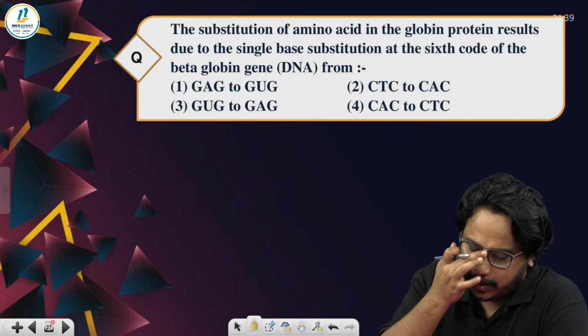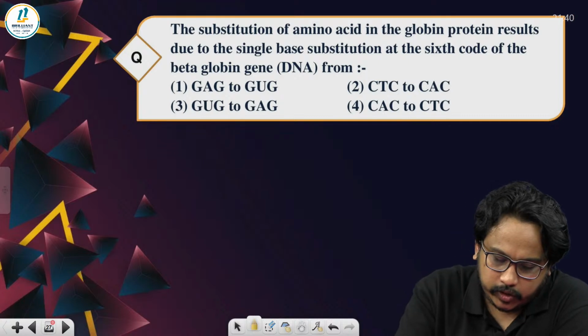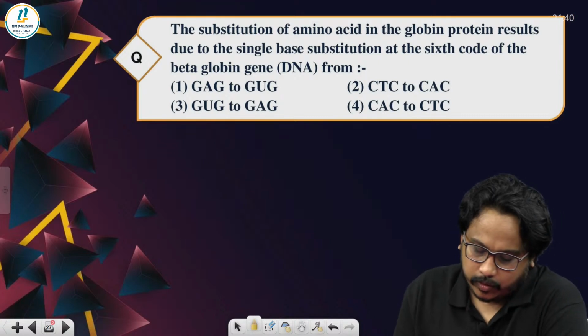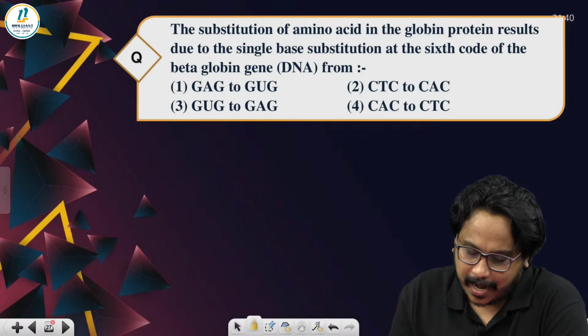Now the next one, substitution of amino acids in the globin protein results due to. So the next topic is about sickle cell anemia.